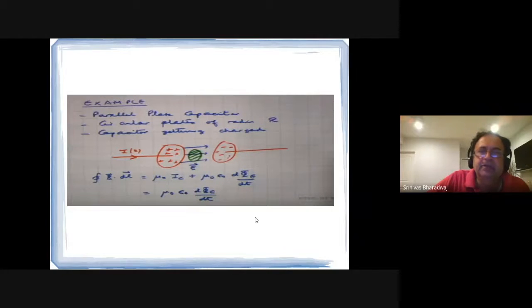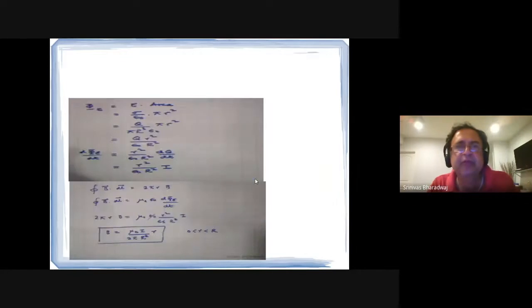But before that, first let's understand the addition that he added to B dot dl, because mu naught I plus the second term, which is the displacement current term, comes as a result of polarization in a parallel plate capacitor.